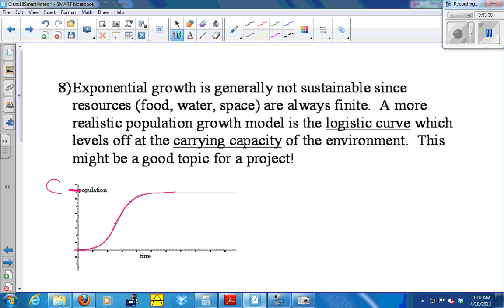And I'm not going to delve into the formulas, recursive and explicit, for this guy. But that might make a really good topic for a project. Your book has this in there, logistic growth, and you could study it and maybe do that as a project if you were interested.